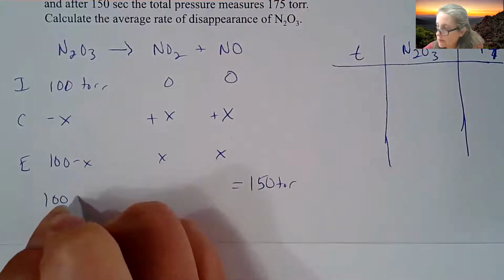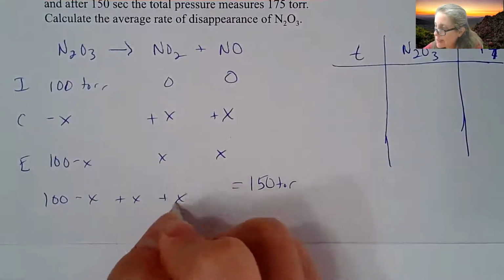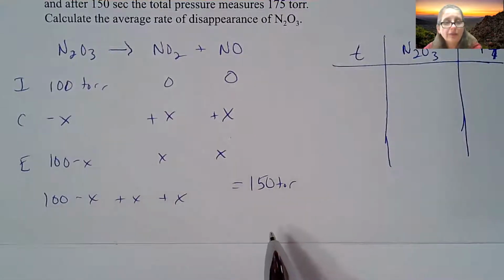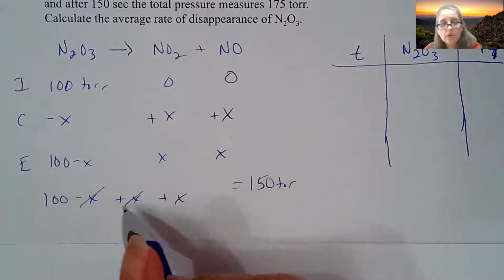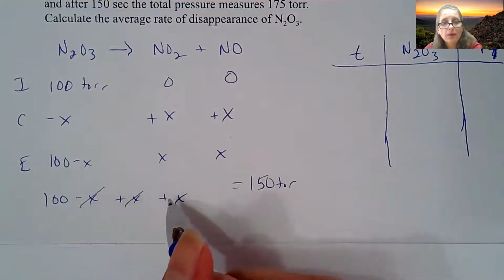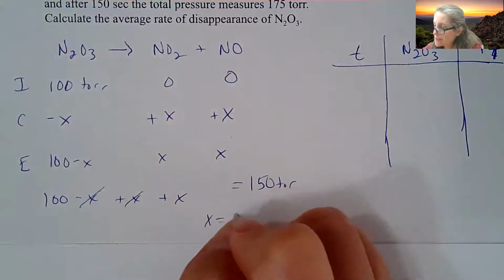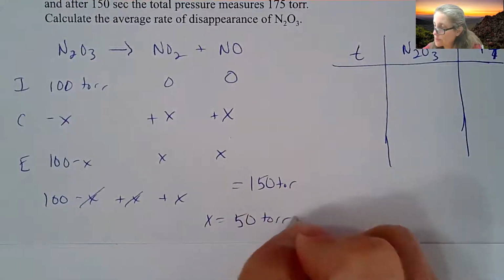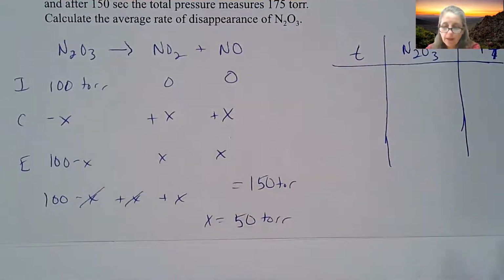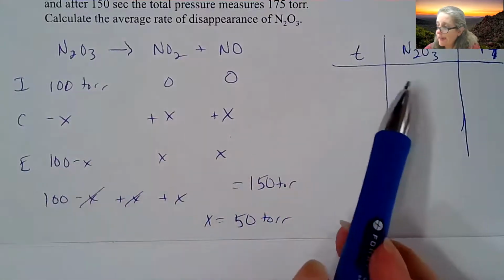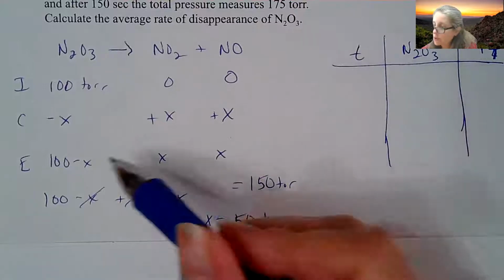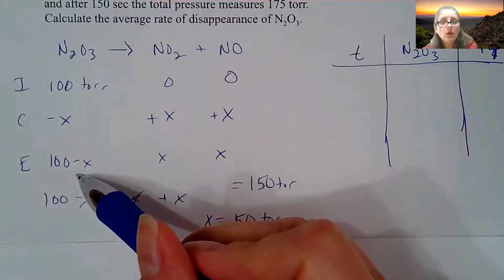So I could take the 100 minus X plus X plus X is equal to 150. So one of the X's cancels, and so I have 100 plus X is equal to 150, so X must equal 50 torrs. Okay, so that means at that point in time, I have 50 torrs left of the N2O3.